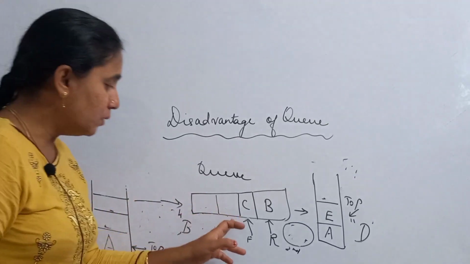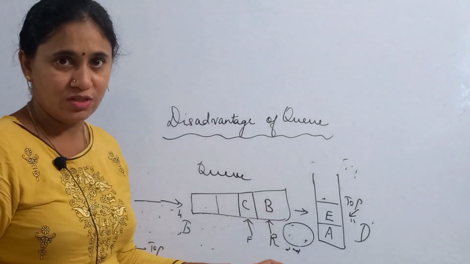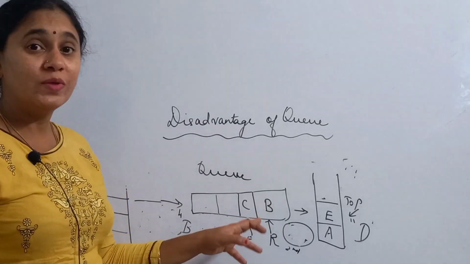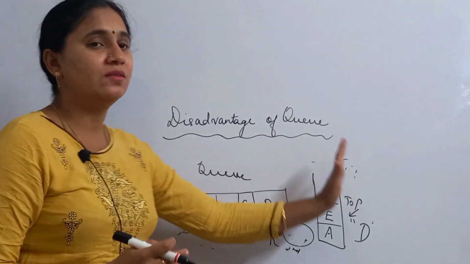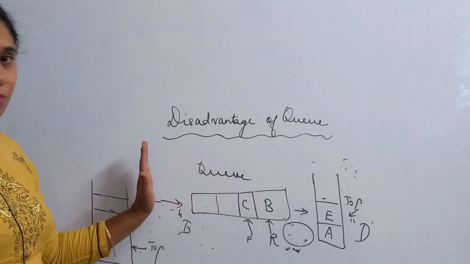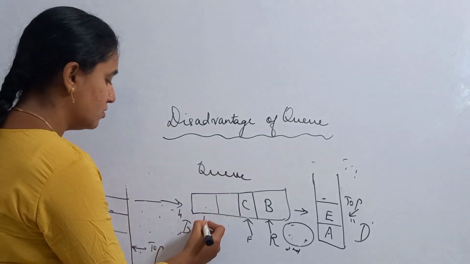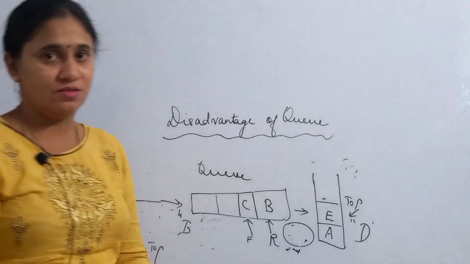Because the front pointer is pointing to this location and the rear pointer is pointing to this location. With the help of the rear pointer, I can insert elements only in this order. I cannot insert any elements here because there are no pointers here, isn't it? So I cannot perform any insertion, right?